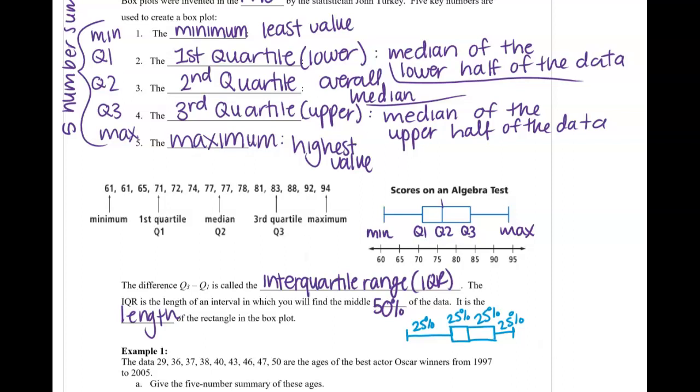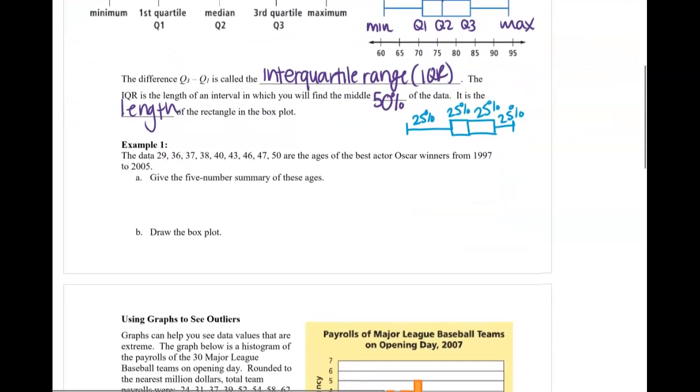Okay, so we have an example. We have ages of the Best Actor Oscar winners from 97 to 2005, and we'll give the 5-number summary. Usually I start with the median. So I'll go to the middle. So we have 1, 2, 3, 4, 5, 6, 7, 8, 9 pieces of data. So we'll have 4 on each side.